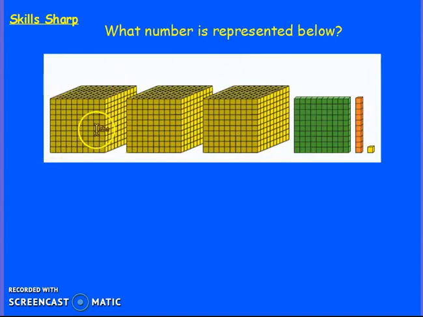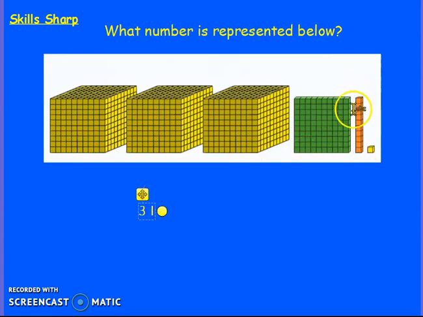Now this shape represents 1,000. Count with me. 1,000, 2,000, 3,000. I'm going to write that down at the bottom so I don't forget. This shape here is 100. So we've got one of those, 100.